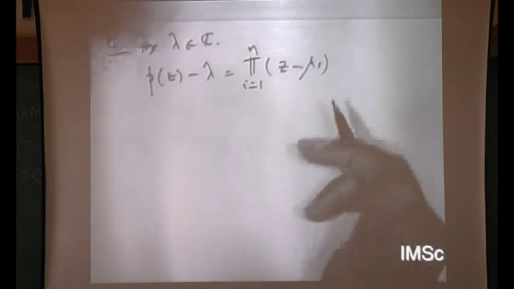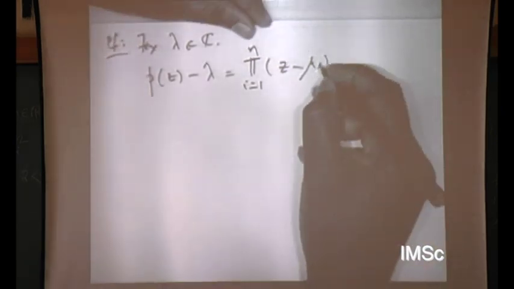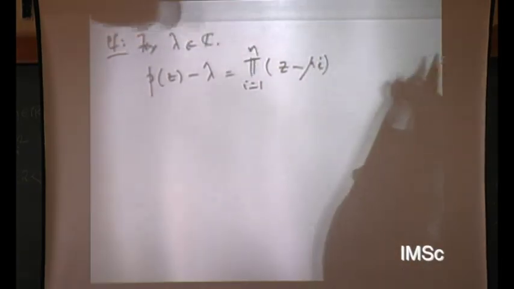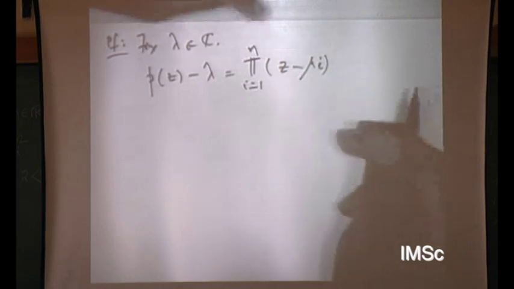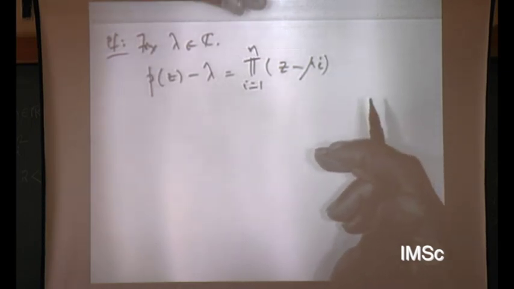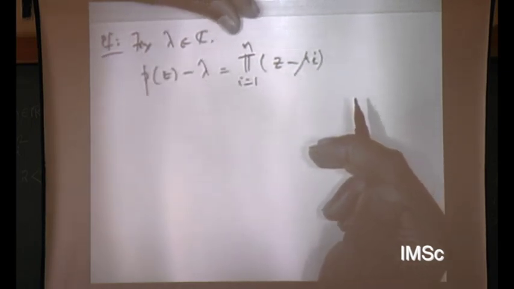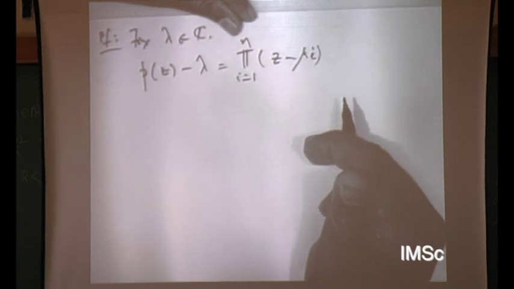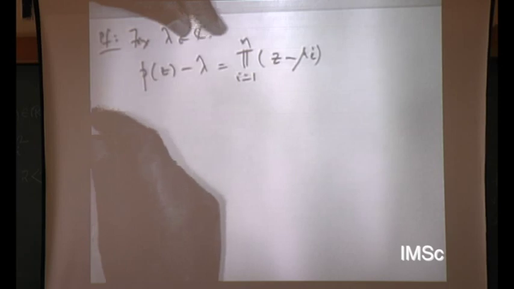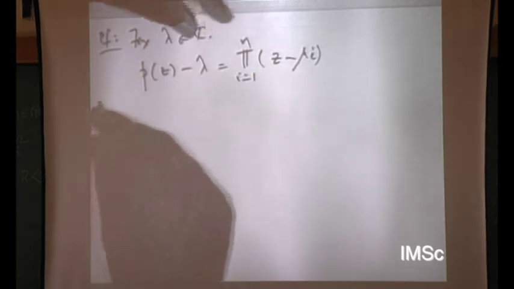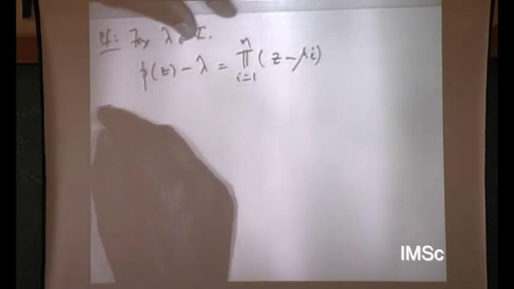z minus mu. Of course the mu_i need not be distinct. They may coalesce. Okay, so I want to make a certain claim, an assertion.